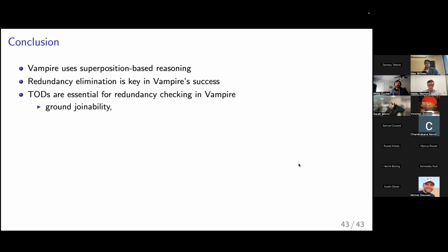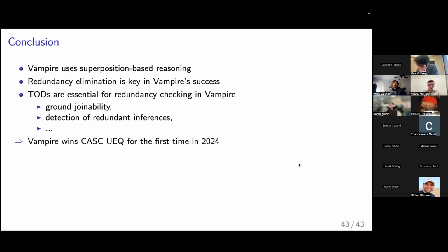We use them not just for demodulation, but also for example ground joinability, which is a very expensive redundancy check, very useful for example in associative-commutative theories. We can also detect redundant inferences with them very efficiently, and there can be many other cases. We just have to implement these.